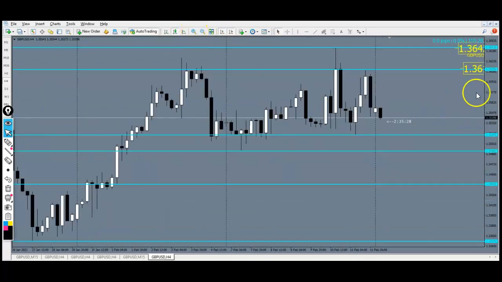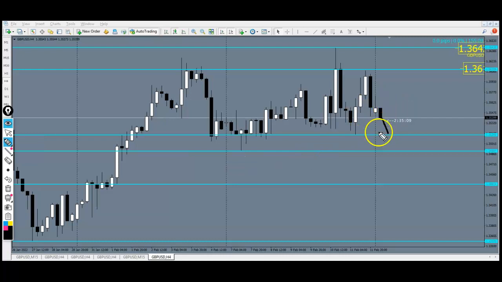So let's also note that these levels are zones. They are not strictly just the single line there. So what we will expect is for price to come down to this level.